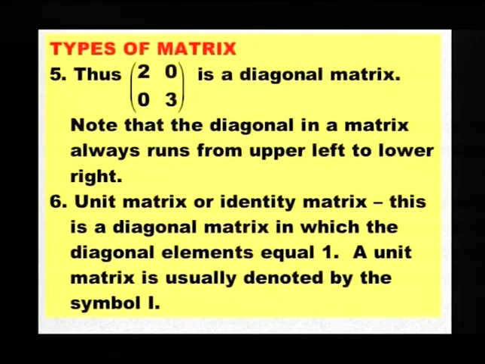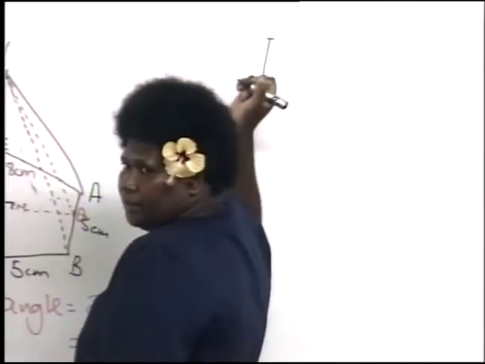Clear? And the last type of matrix is a unit matrix or identity matrix. This is a diagonal matrix in which the diagonal elements equal 1. A unit matrix is usually denoted by the symbol I, which is supposed to be a little slanted, not straight.